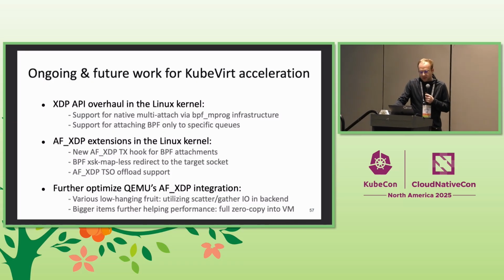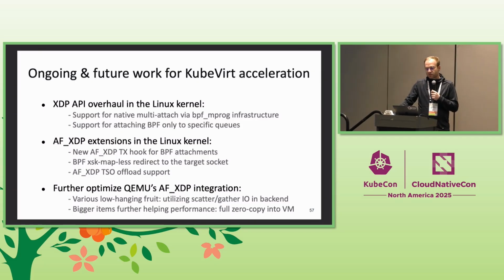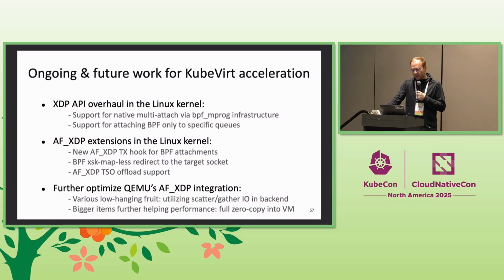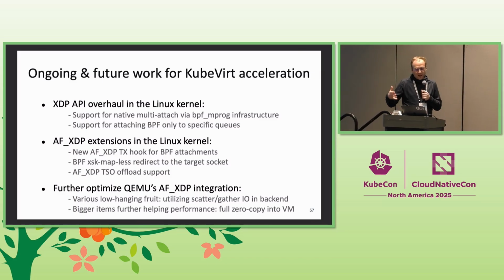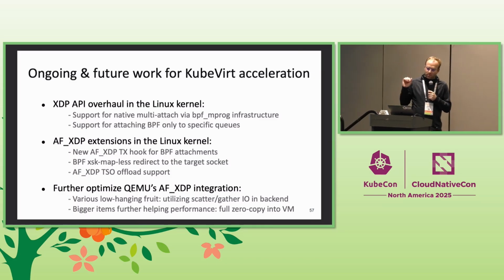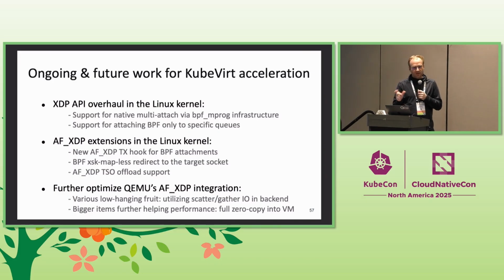This is currently not being used, despite this benchmark being a lot better in terms of performance, but there are still things where we can improve it further. And last but not least, the really bigger item is to have full zero copy into the VM itself. Right now there's still a copy of the packet. Despite all that, performance is still better, which is quite nice to see.